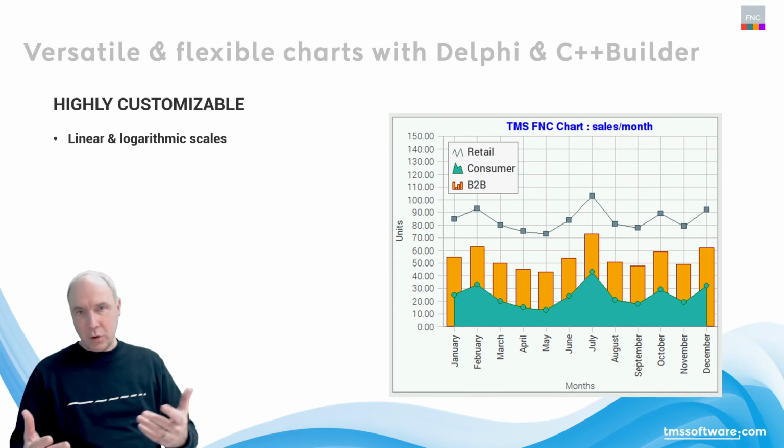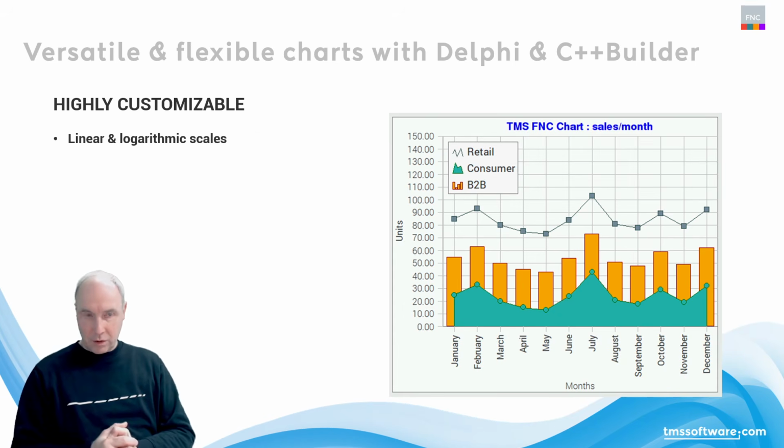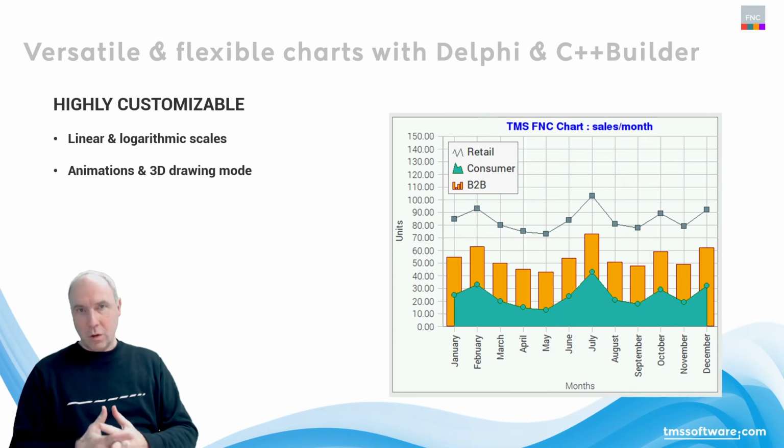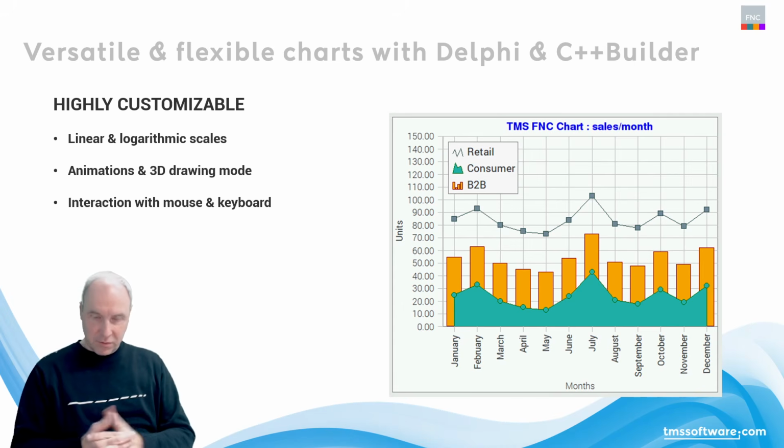You can select between logarithmic and linear scales. You can toggle animation and 3D drawing mode, and you can also perform interactions, for example zooming in on the x-axis range or y-axis range with mouse and keyboard.